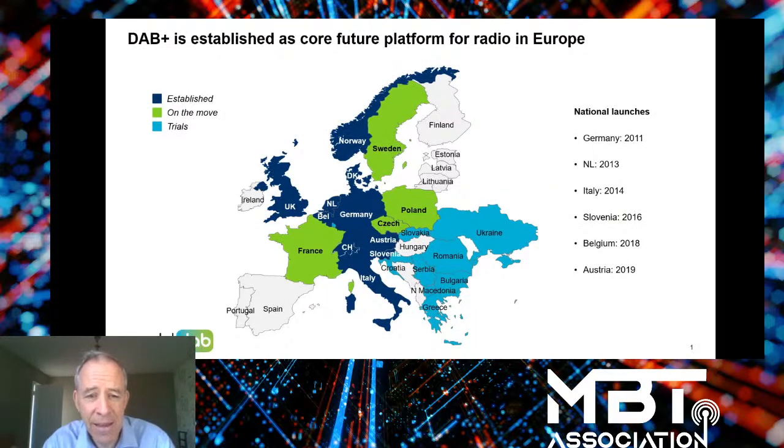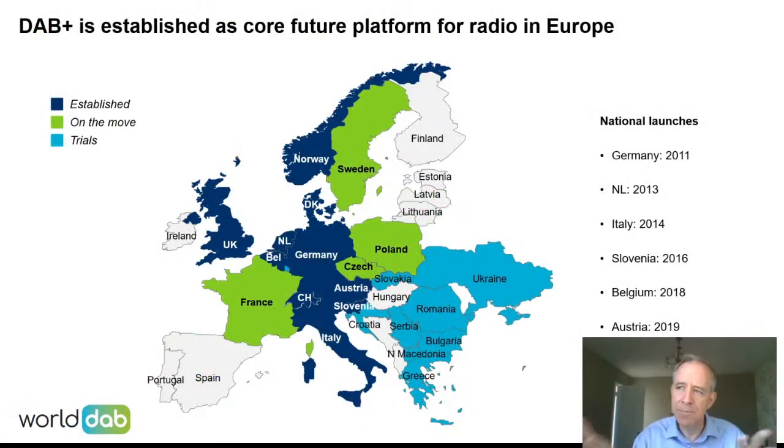But the key turning point, from it being isolated in a small number of countries, was the launch in Germany in 2011, which was then followed by Netherlands 2013, Italy, Slovenia, Belgium, and Austria. The map shows the dark blue countries are those that have really established services. The green ones are still relatively new, and the light blue, which is a lot of the countries that we're talking to today, are really at the beginning of the process.